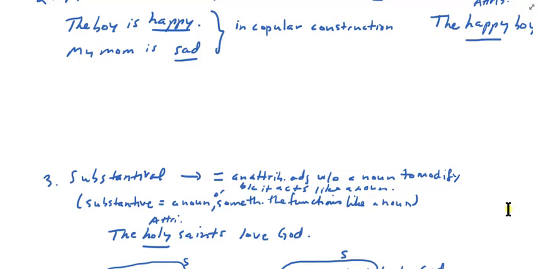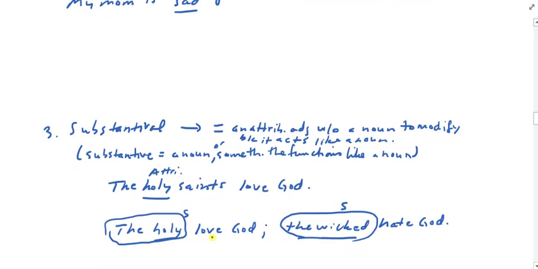Let's look at a couple of examples here. Look at this sentence. The holy saints love God. What type of an adjective is holy? When I say the holy saints, that's an attributive adjective. Now look at these examples. The holy love God. The wicked hate God. What type of a word is the word holy? Is that a noun or an adjective?